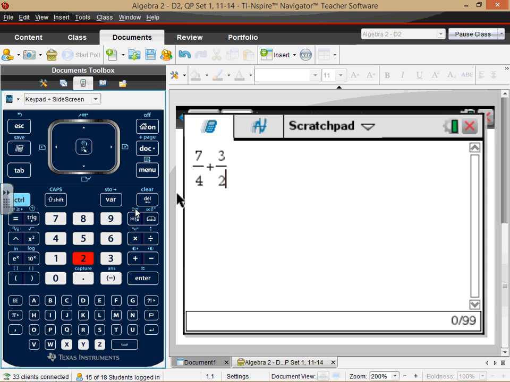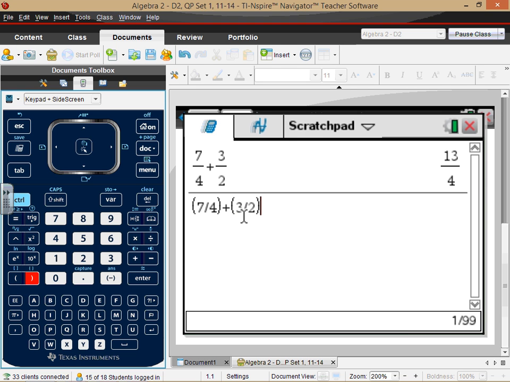You know, just like you learned in probably 7th grade, you can also do parentheses, 3 divided by 4 parentheses, if you had a good calculator teacher in middle school. Show you what I mean by that. Parentheses, 7 divided by 4 plus parentheses, 3 divided by 2.